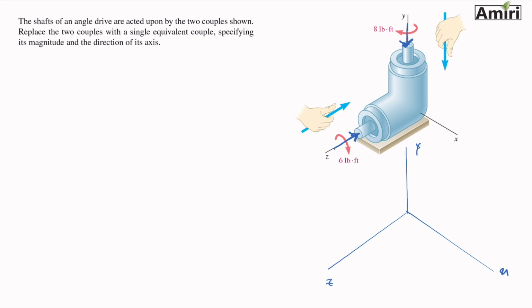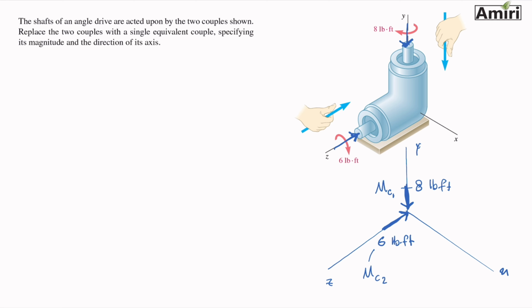I'm going to put it right here. So this one is the 6-pound-foot one, and I can give it any name I want. I place the other one right here. That's the 8-pound-foot one. Let's call this one moment of couple 1. Let's call this one moment of couple 2.